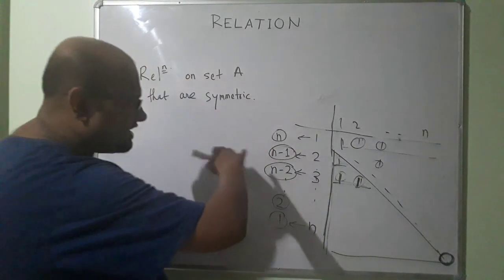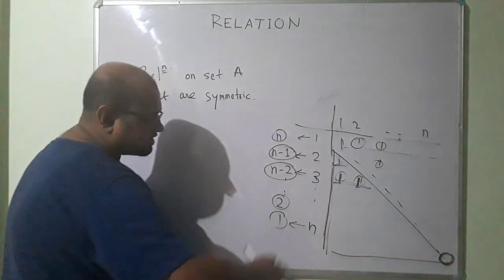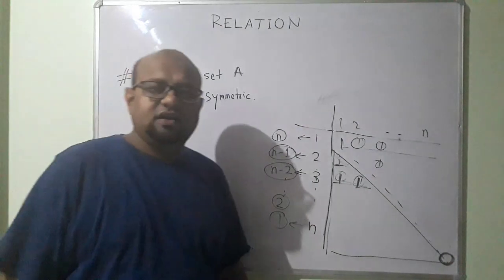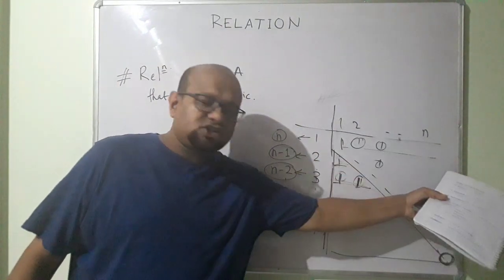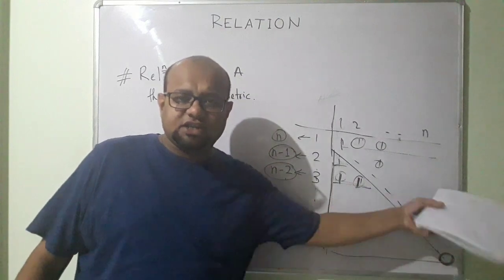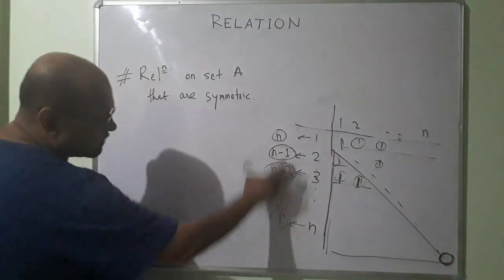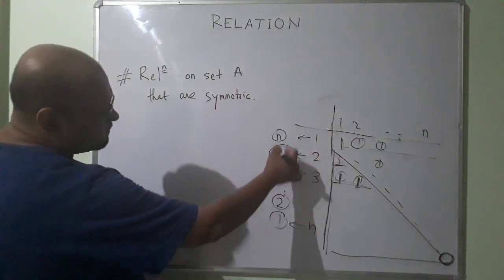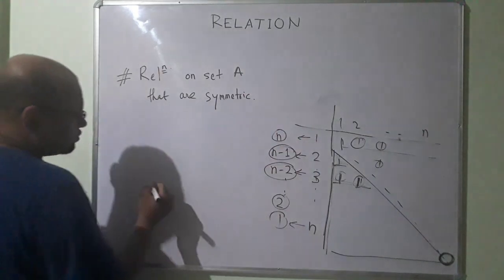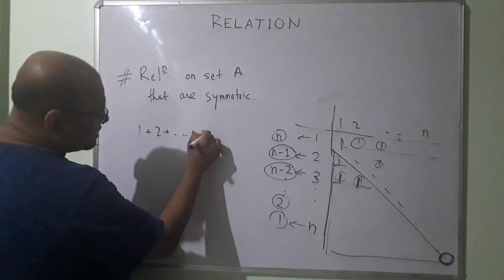So I will add all of them: n plus n minus 1 plus n minus 2 and so on. What is the total? It is 1 plus 2 plus 3 plus 4 up to n, so basically 1 plus 2 plus dot dot dot up to n.